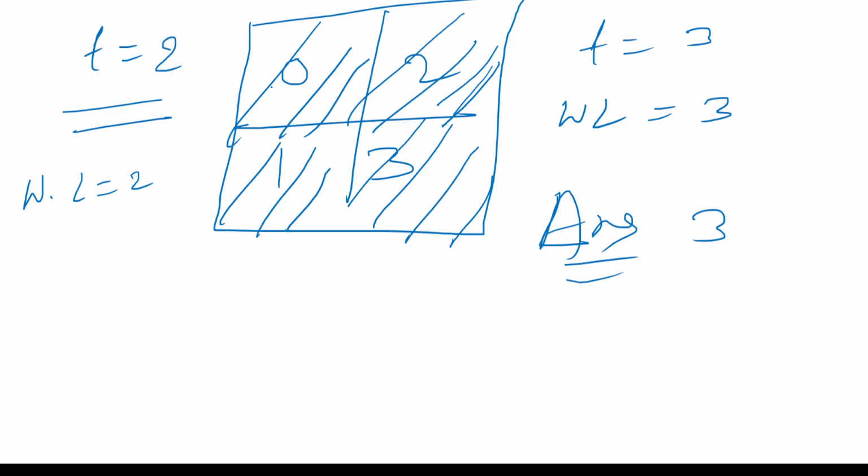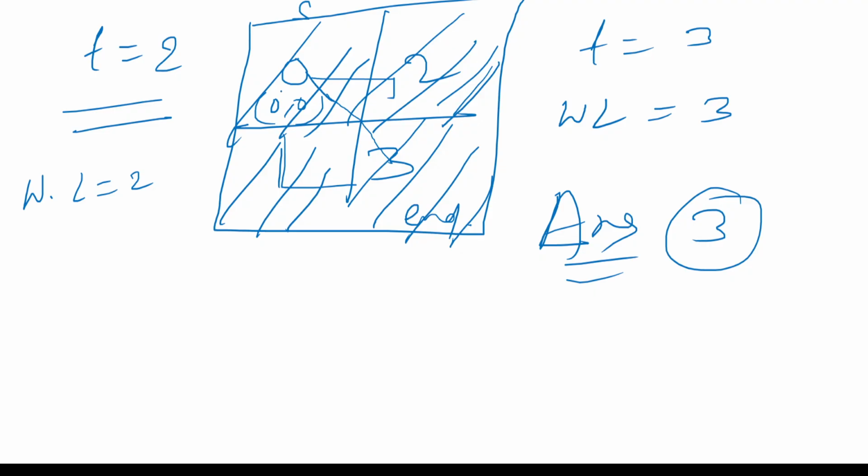Because from 0, 0, the starting point, to the ending point, anybody can swim here and reach here, but he cannot come directly like this. He can come by this way or this way or like this, and he can reach here. This is what we need to do, right?